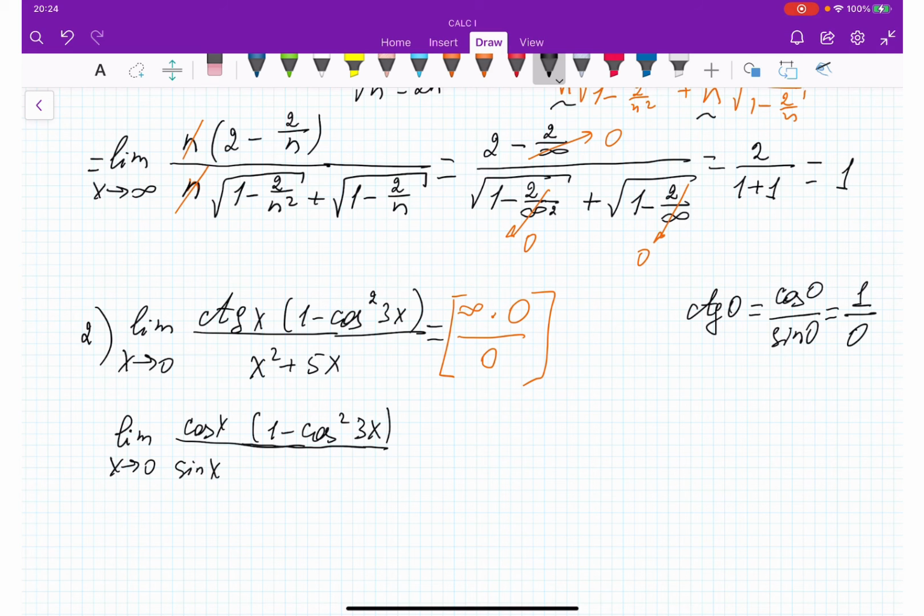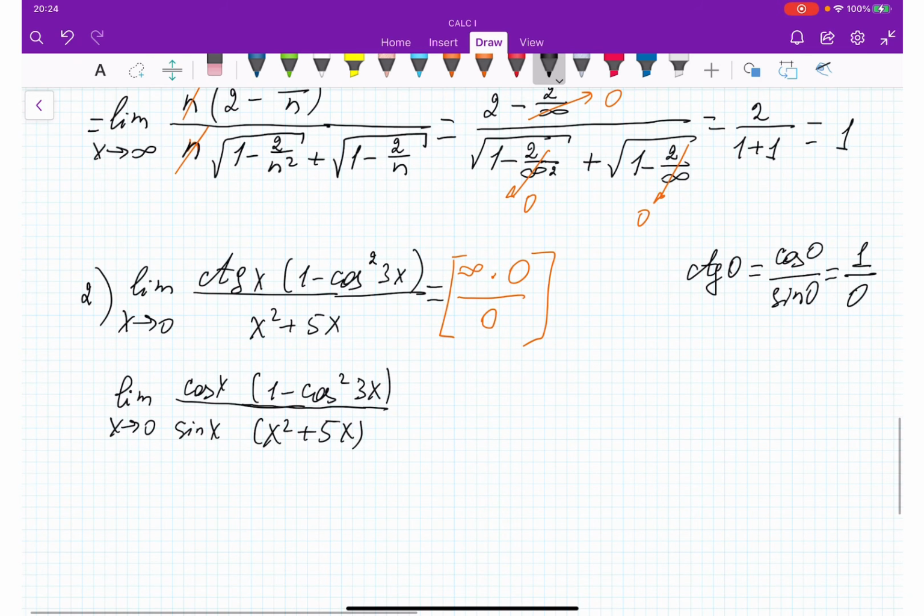In the denominator we have x squared plus 5x, and this is going to be equal to the limit as x approaches 0.